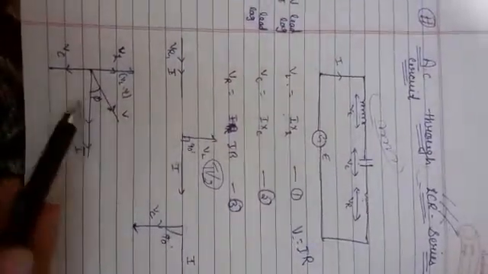But if I talk about the inductor, in the case of inductor, voltage will lead and current will lag, and voltage will lead by the phase difference pi by 2, so I have taken 90 degrees. If I talk about the capacitor, here current will lead by pi by 2 and voltage will lag. So if I draw this diagram, the graphical representation, I can write this.